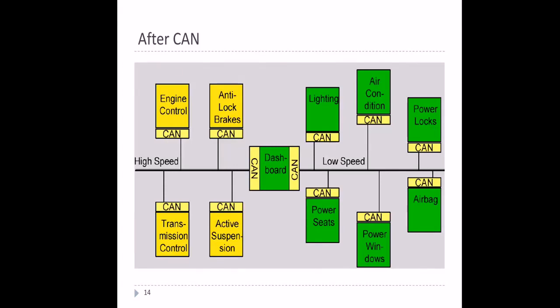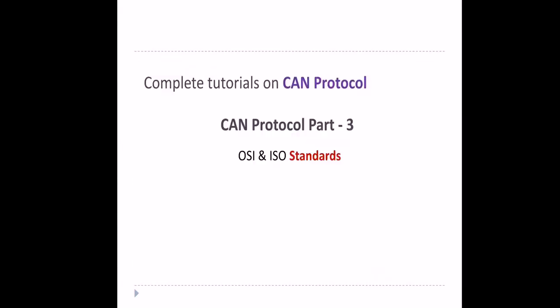So I request you to keep watching, take down all the notes, and try to remember the concepts. For protocols, there are no derivations, problems or programs; you have to remember and understand the concepts before working with them. We'll get back in the next tutorial with the continuity of the CAN protocol part 3, that is the OSI and ISO standards.